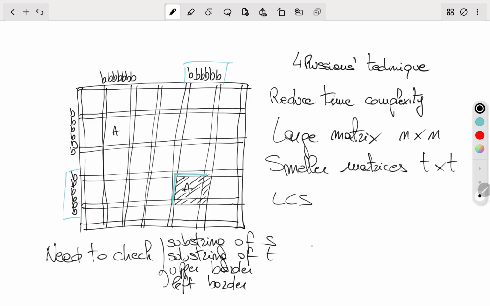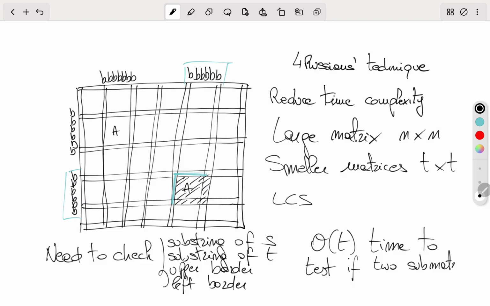So overall, big O of t time to test if two submatrices are equal. And that is fine. Good.